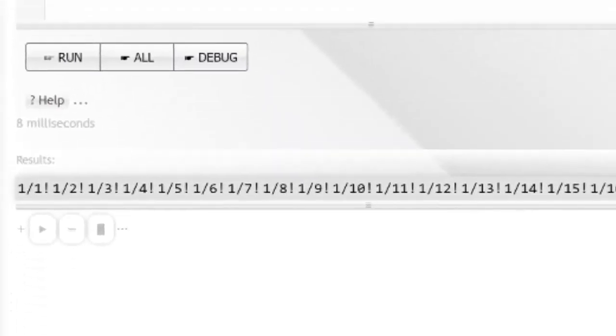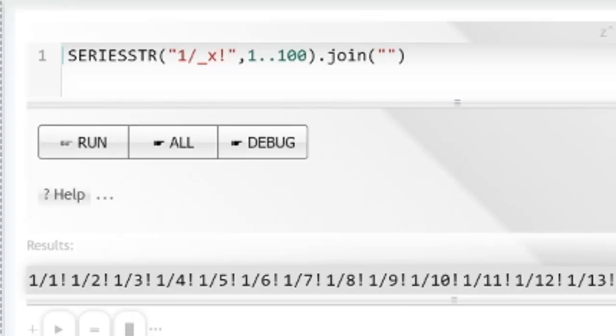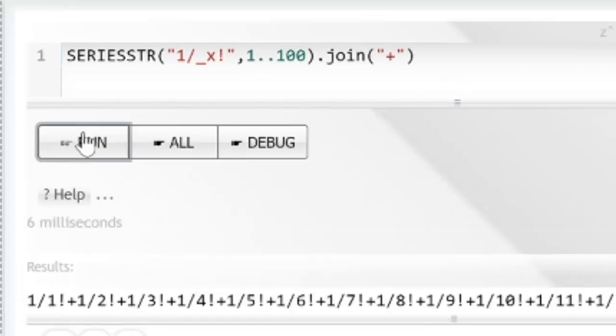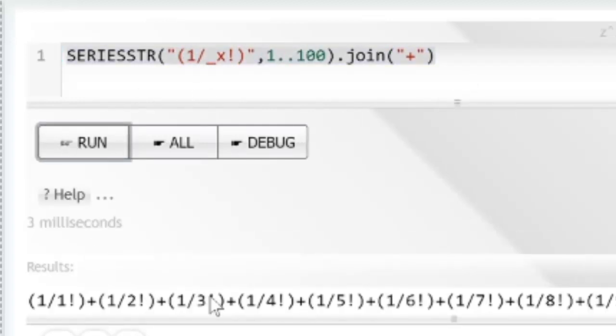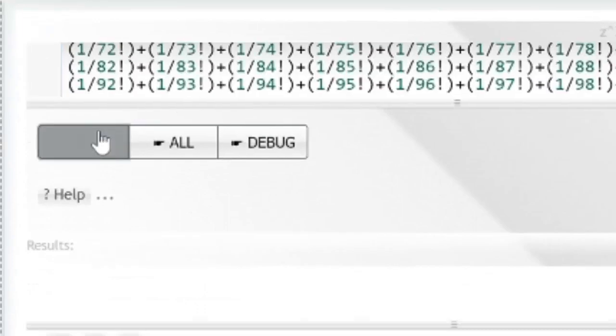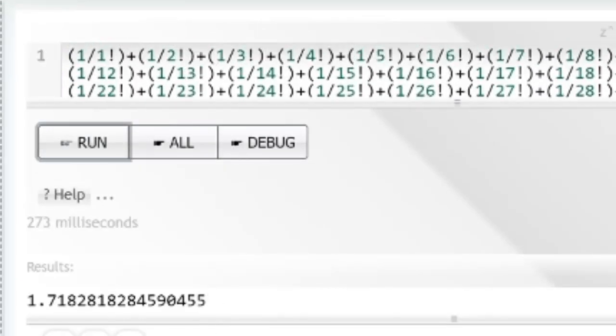And I can now join these using the plus sign, and then you have a string. Let's say just for safety purposes, we can put these into parentheses. And here you have the expression that you want to evaluate. So you can simply copy this and put it into another code module, and you can calculate this.